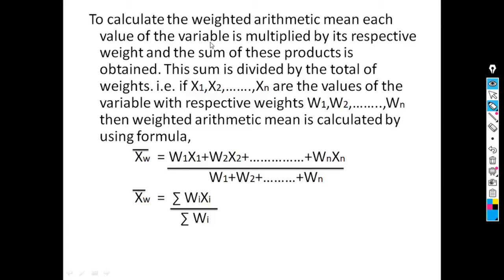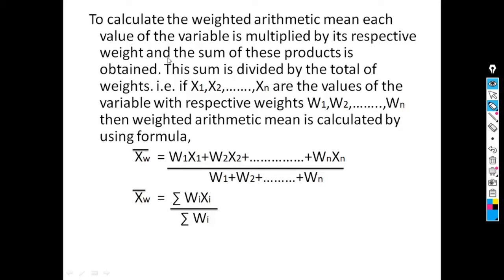That is, variables are multiplied by respective weights, that is the numerator, and the sum of this product is obtained. Means sum of all this product is obtained. This sum is divided by total of weights, means summation of weights, that is w1, w2 up to wn.